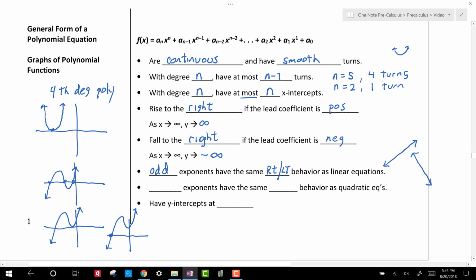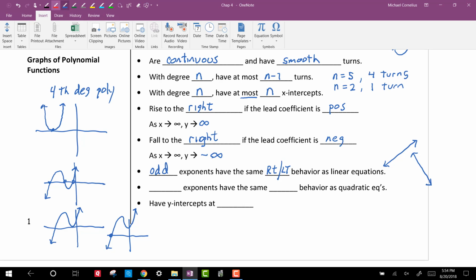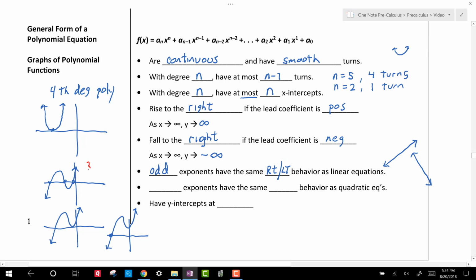Every odd function will also do the same thing, like my function that I drew over here on the left side. This function is a 3rd degree function. Notice the right side goes up, the left side goes down. But I just as easily could have drawn a 3rd degree function that looked like this, where the left side was up and the right side is down.